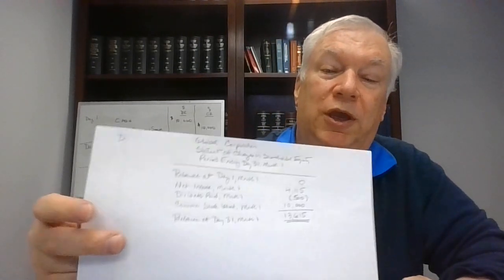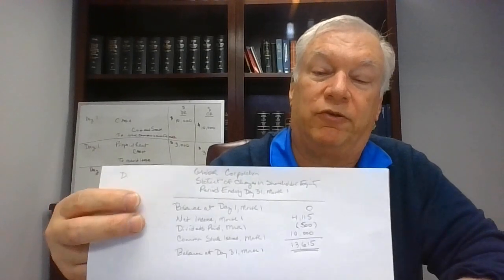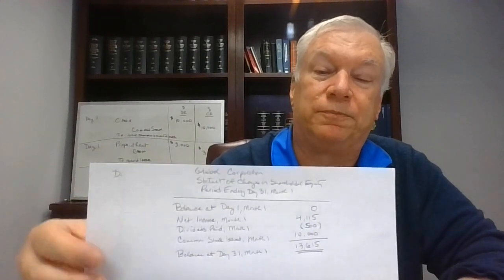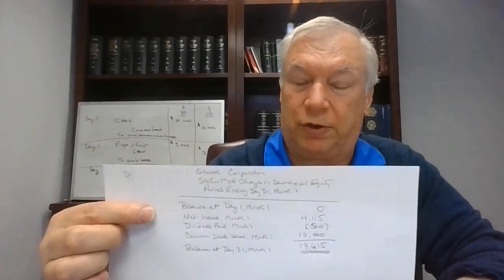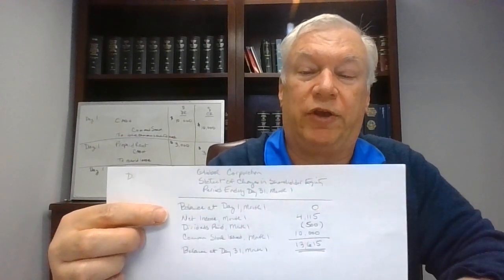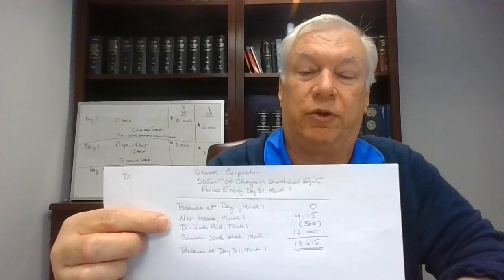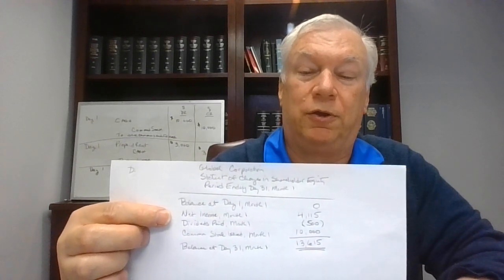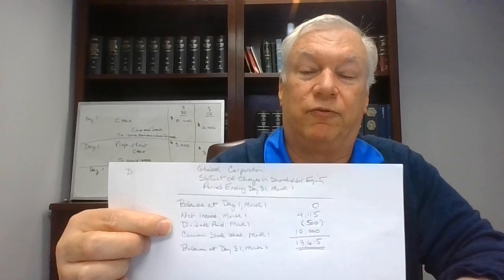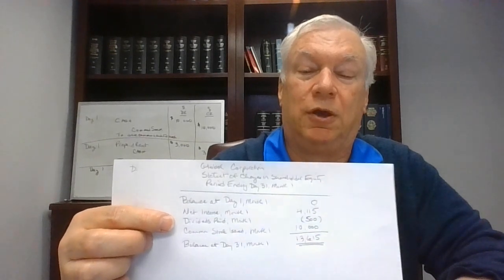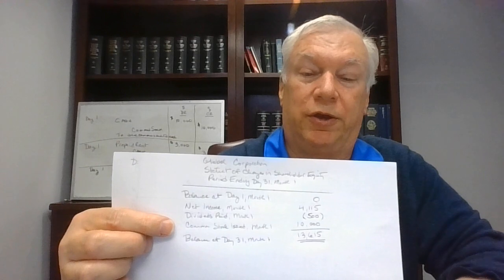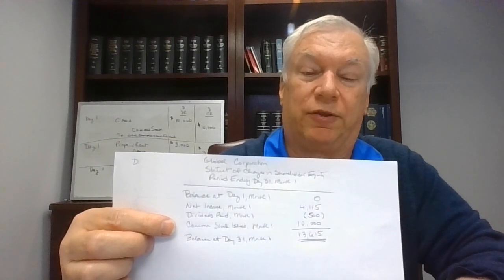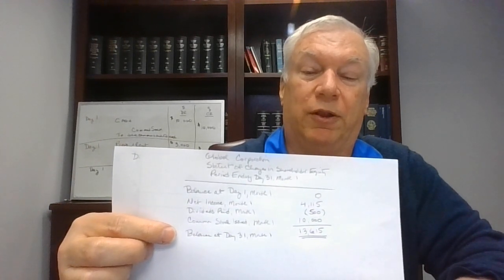But anyhow, we began the period, since it's our first period, with a balance in shareholders' equity of 0 on day one, and then we increase it by our income for the period, and then we reduce it for the dividends that were paid, and then we also increase it by the common stock that was issued, and this is our balance as of the end of the period.